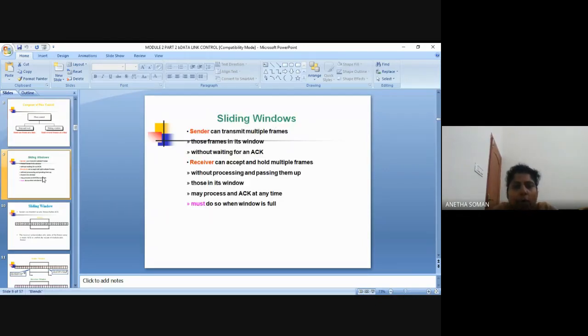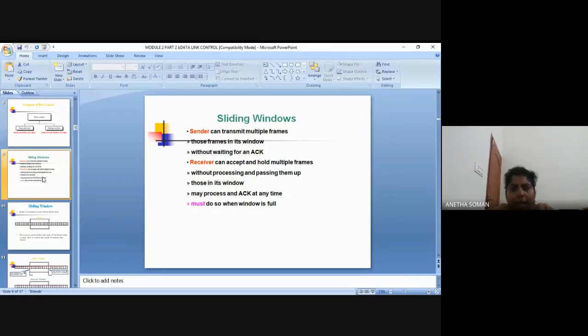In sliding window, the sender can transmit multiple frames in its window. The meaning is you have a window, and whatever frames are in that window, the sender can transmit. It should not wait for an acknowledgement for each data frame it sends. So one acknowledgement may acknowledge multiple data frames.